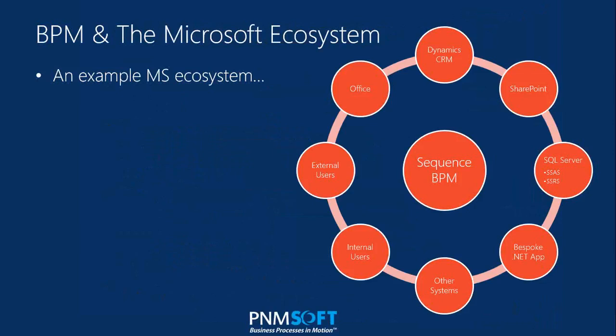These are all used by both internal and external users, all possibly using Office as part of their desktop. So this is what I'm going to use to illustrate the ideas.